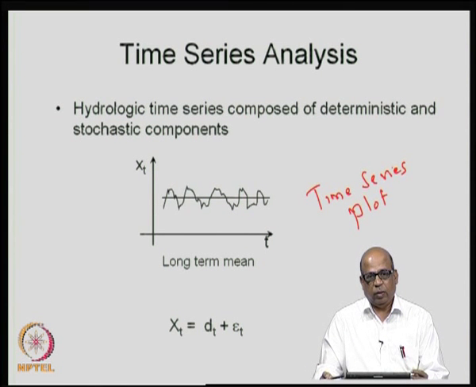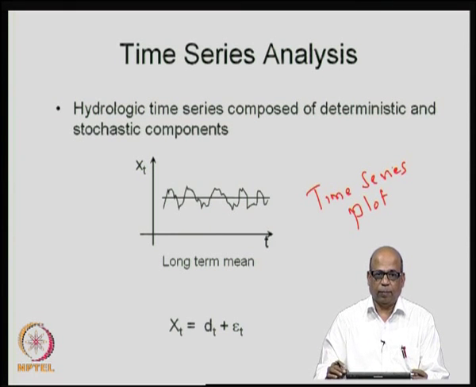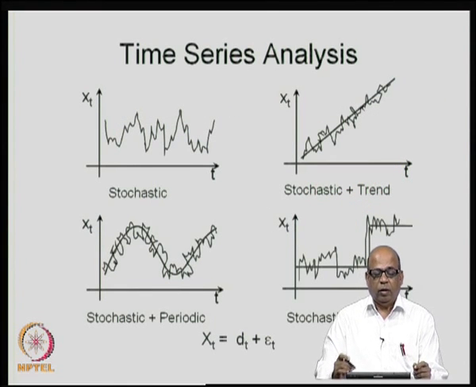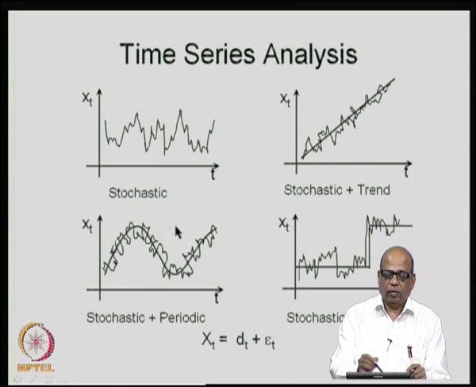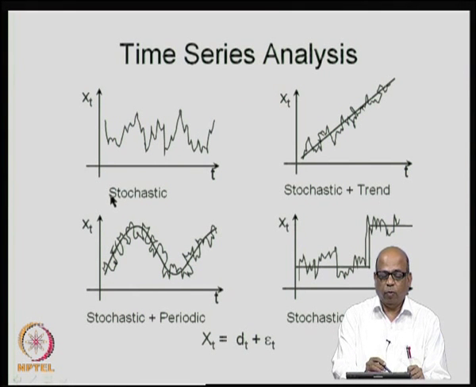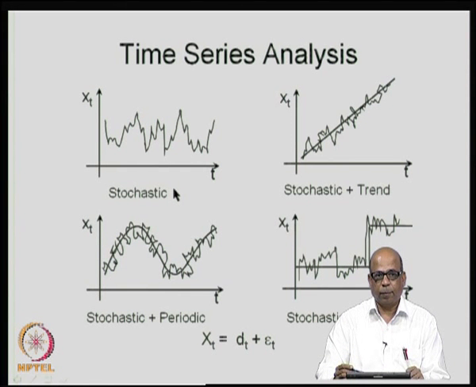Now, what are the typical deterministic components? One may be a situation where there is no deterministic component at all, the values are all randomly fluctuating. Take for example, these are different components of the time series. If you have only a stochastic component, that means there is no deterministic component at all, there are random variations, they are all purely random. So, this is purely stochastic, there is no deterministic component involved here.